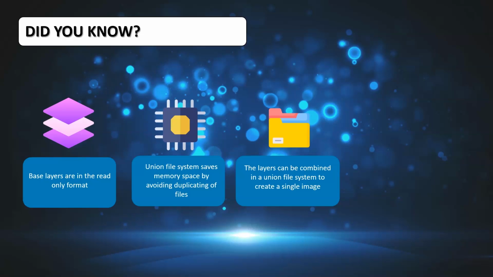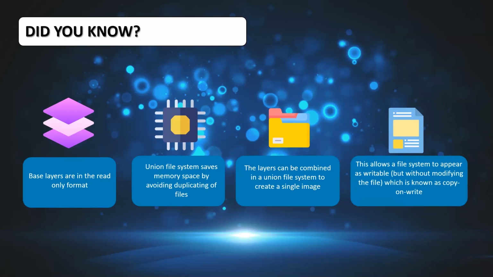So all these layers are combined into a final product, which you can call a Docker image or Docker container. And this allows a file system to appear as writable, which is known as copy on write. So the copy on write strategy is used to perform modifications to this union file system while creating the different layers.